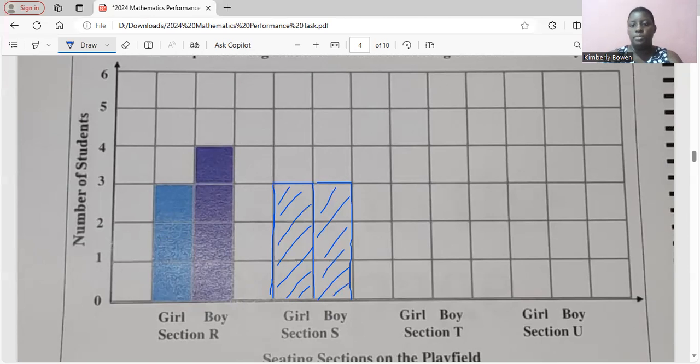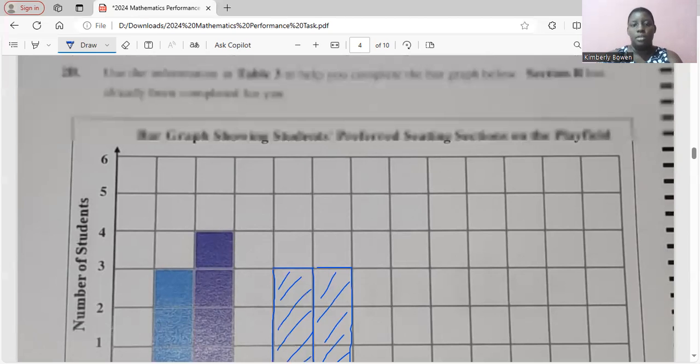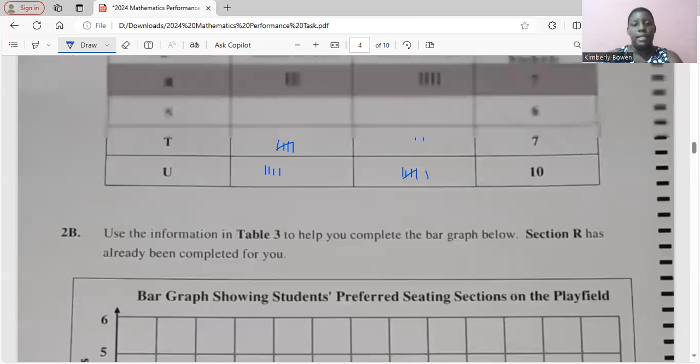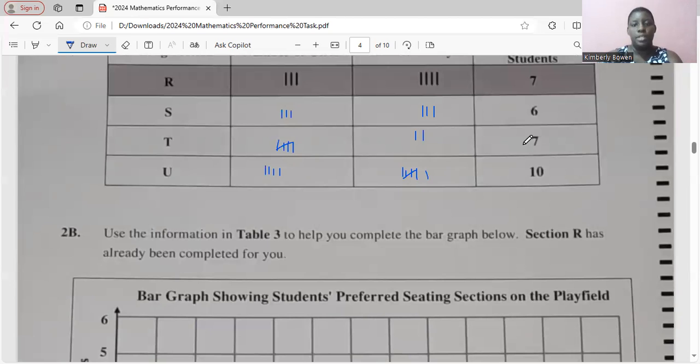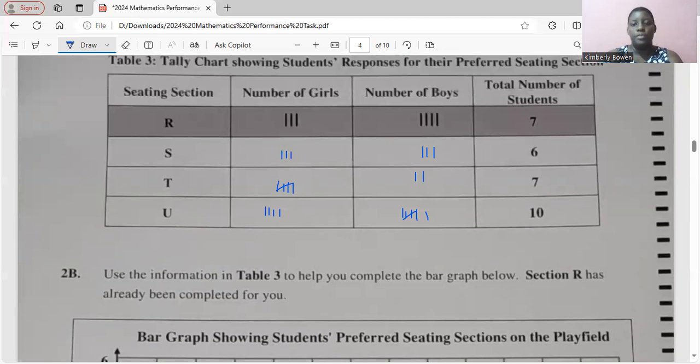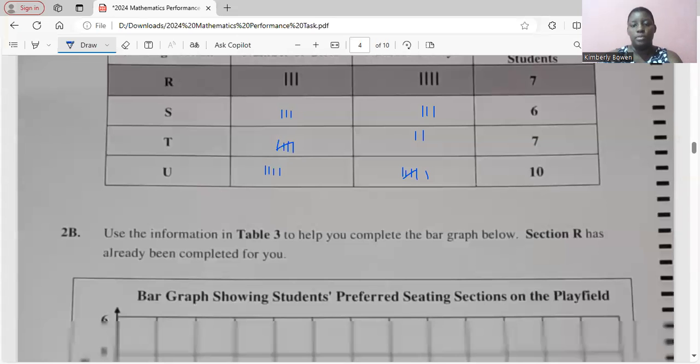All right, and let's move on to section T. So it's 4 girls, 2 boys, no, 5 girls, 2 boys.